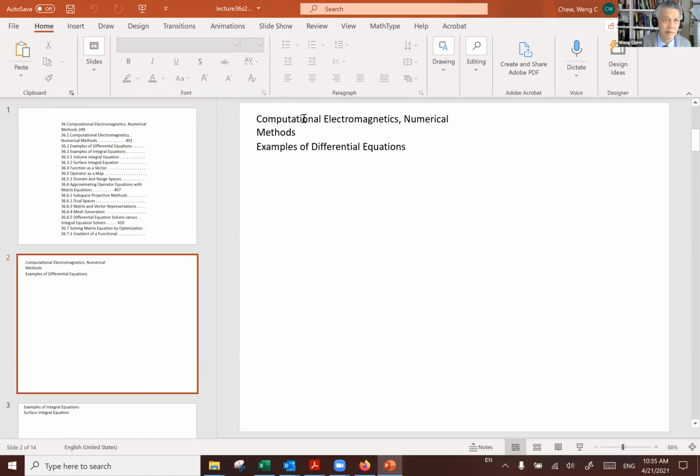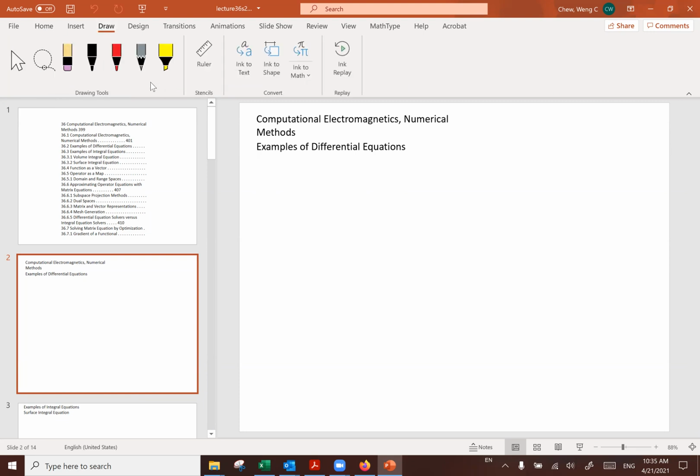Well, does anybody remember how to switch the pen into a writing mode? Because I remember I have to go through many of these buttons and switch one of them into a writing mode, and somehow it got switched.